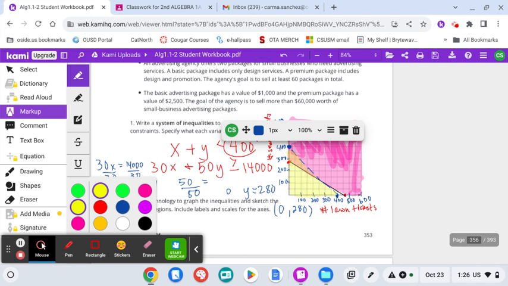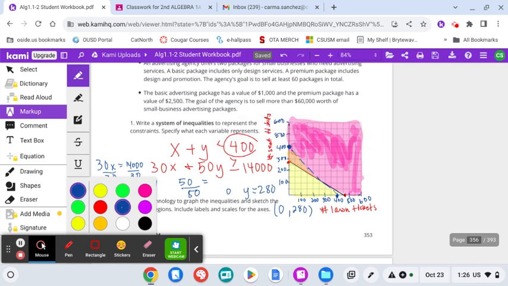Now notice where the pink and the yellow touched, it made orange, and that's called our solution region. Make that nice and obvious that that's the region that is our solution.